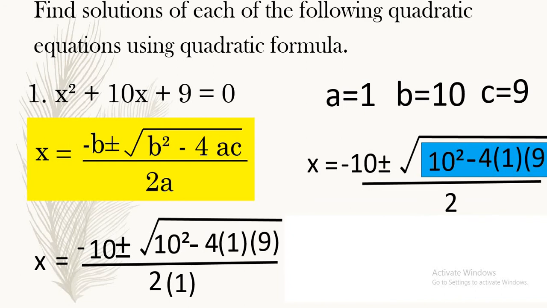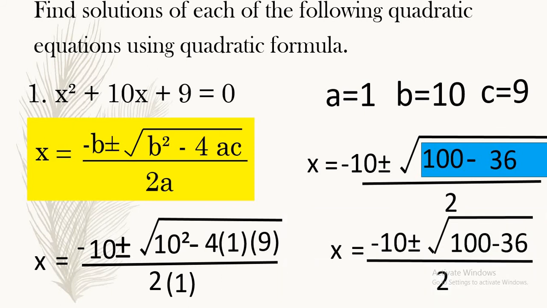So that is 10 squared, which is 100. Then 4 times 1 times 9 is 36. Next, let us simplify this part: 100 minus 36 is 64.